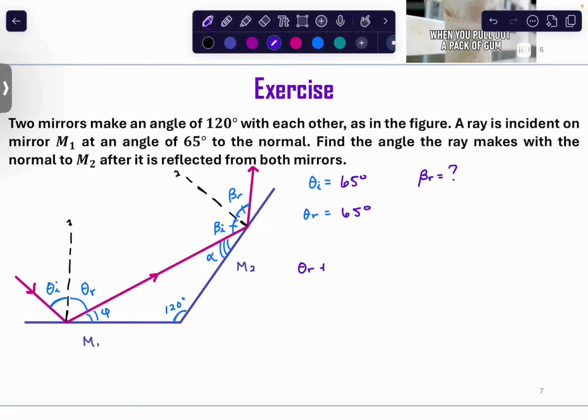So that normal line there, you see that theta r plus phi is 90 degrees. So phi is going to have to be 90 minus theta r. 90 minus 65. Phi is going to equal 25 degrees. Okay. How do I find alpha? Yeah, every angle of a triangle has to equal 180.